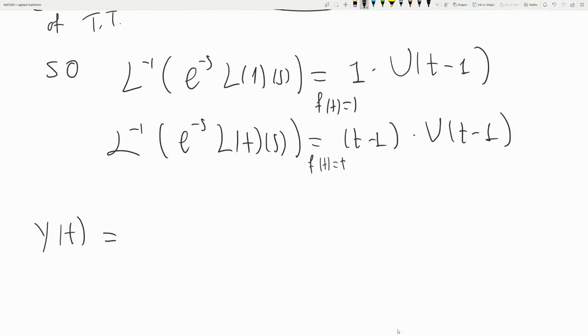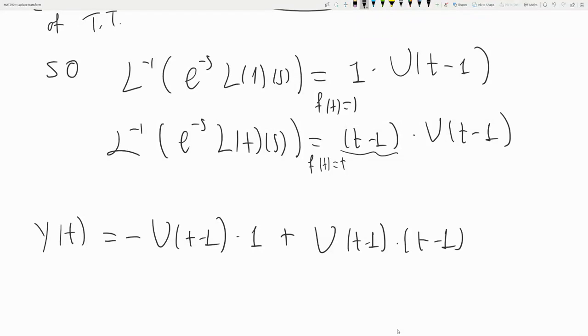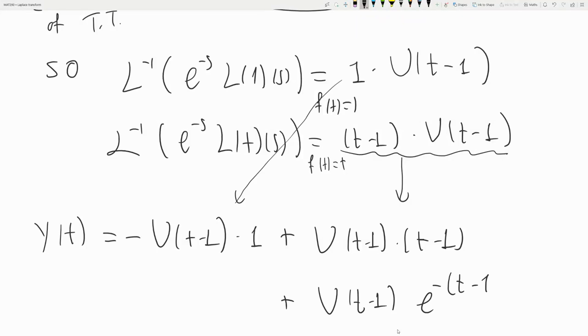Let me write it. Minus step function times 1. Step function times t minus 1, right, up here. And then u of t minus 1 times e to the minus t minus 1.